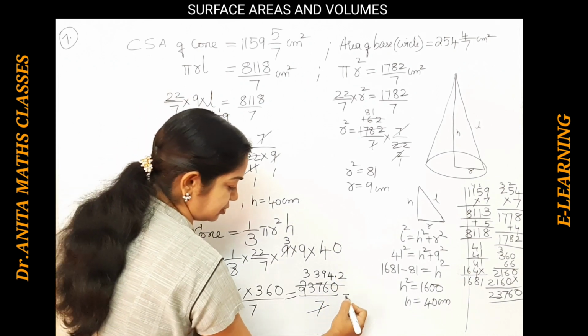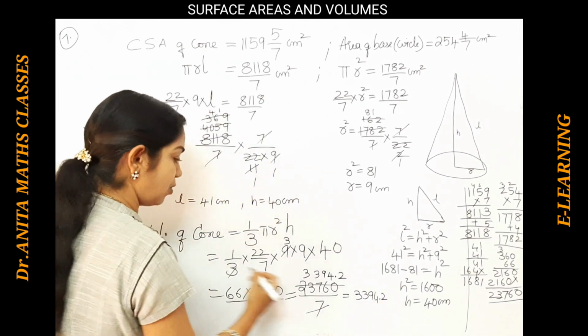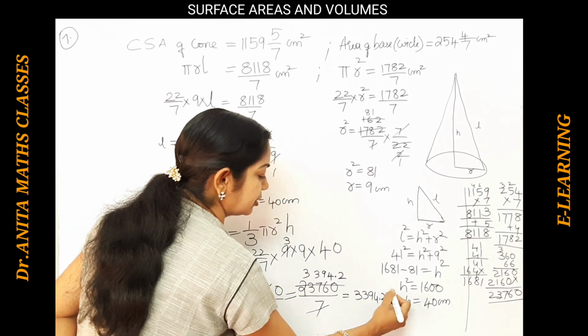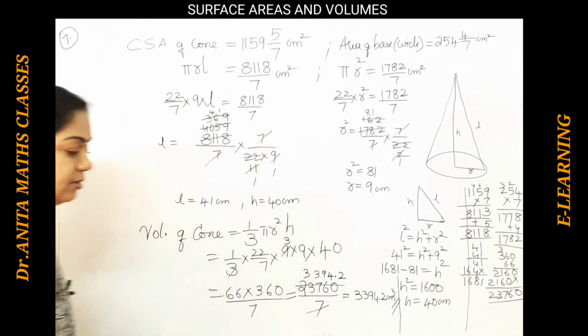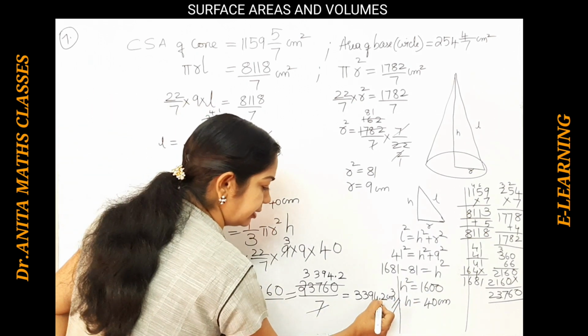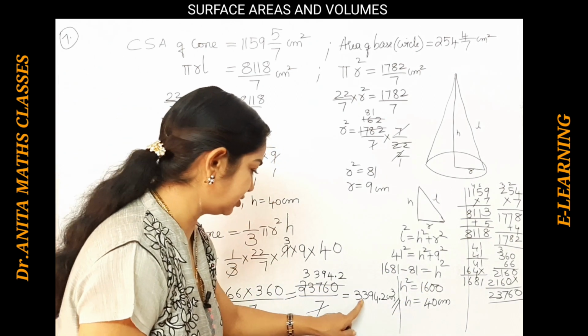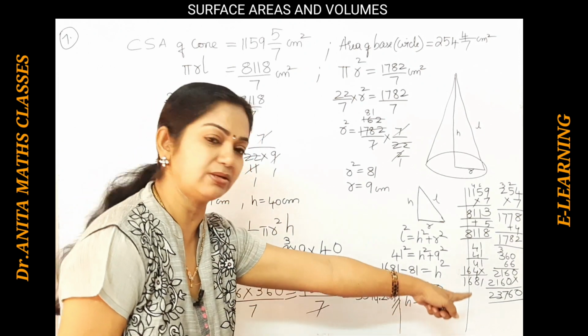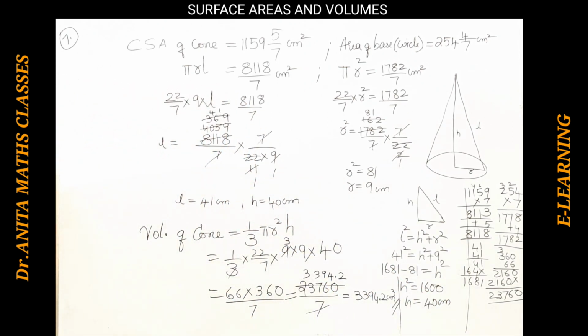So around this much you get 3394.2. So the volume is in centimeter cube. Right. You can write it for only one digit, 3394.2. Just do the division part in rough, or else just cancel it off here only. Now this is the volume of the cone.